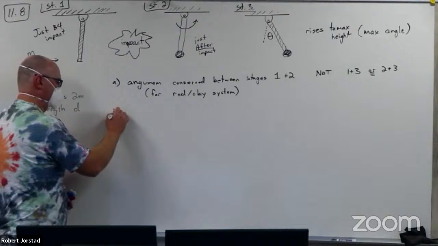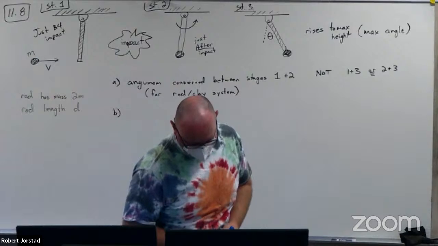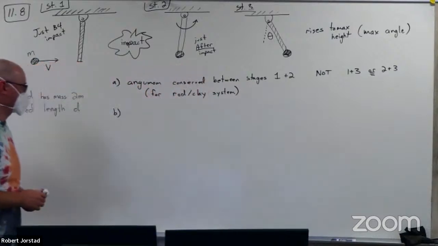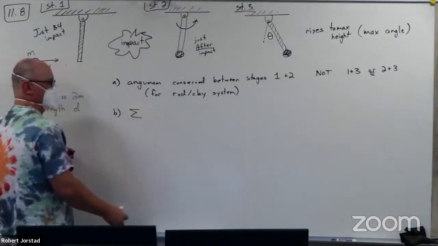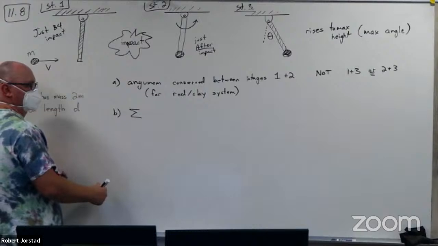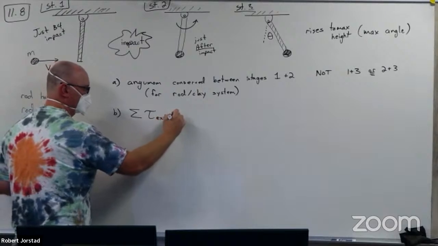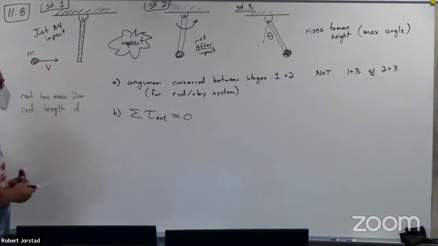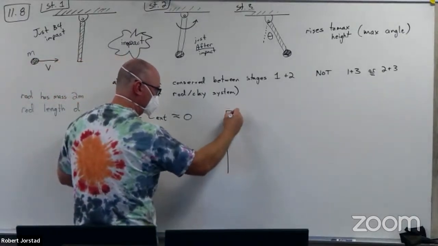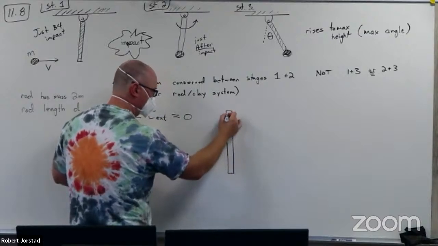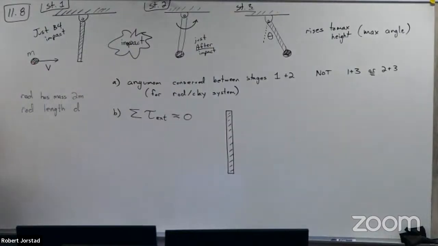Part B. What's the reasoning? What has to be 0 for angular momentum to be conserved? Sum of... well, what are the forces? Here's the rod. What is one force acting on the rod during the collision?